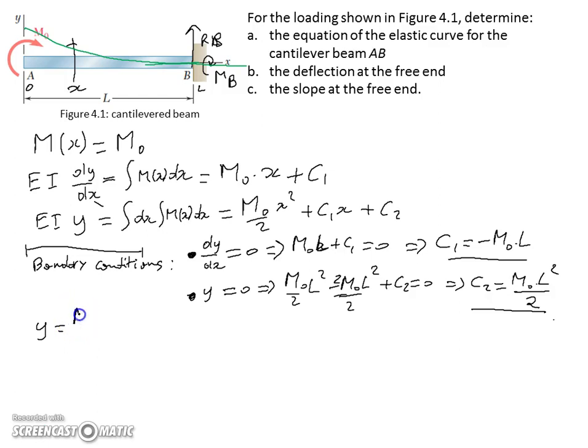You can factorize M0 over 2EI, times x squared minus 2Lx plus L squared.